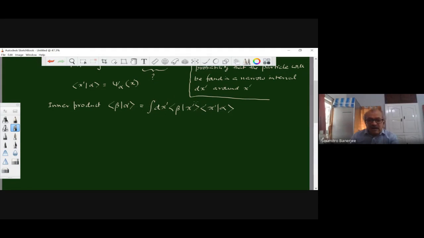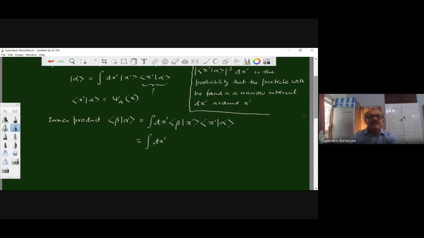But we are again and again putting this in place of the identity operator. We are putting an identity operator here and just expanding it. And this we can easily identify as the integral of dx prime. Now what is this? Easily understandable, because that's what we did just here.